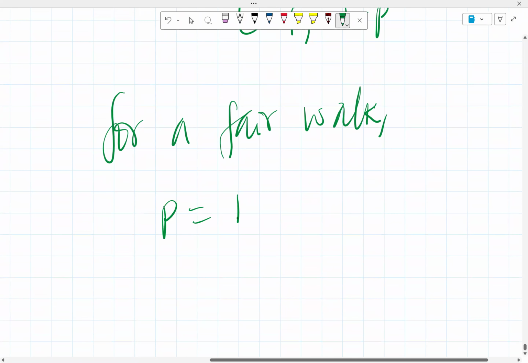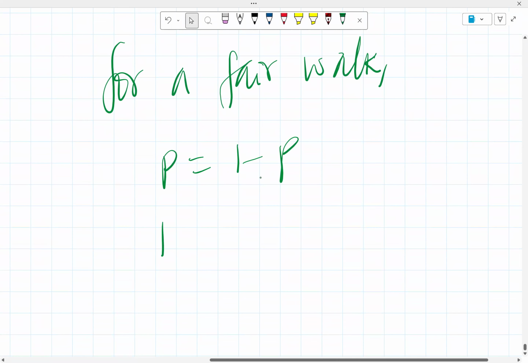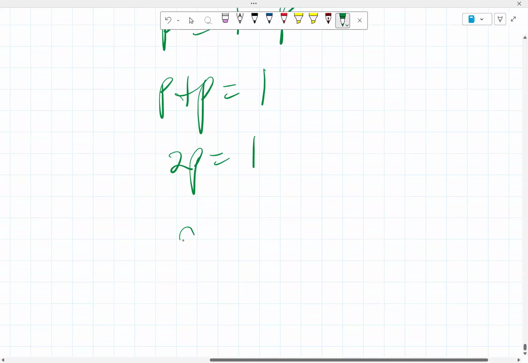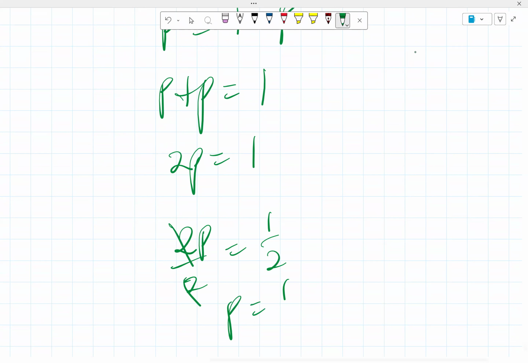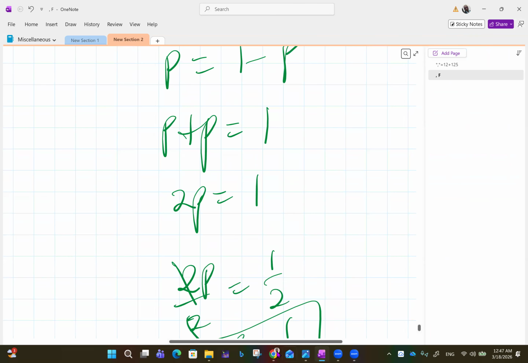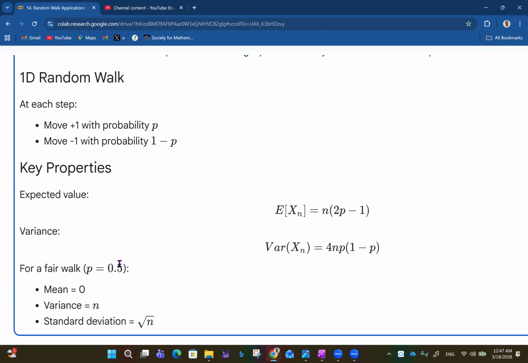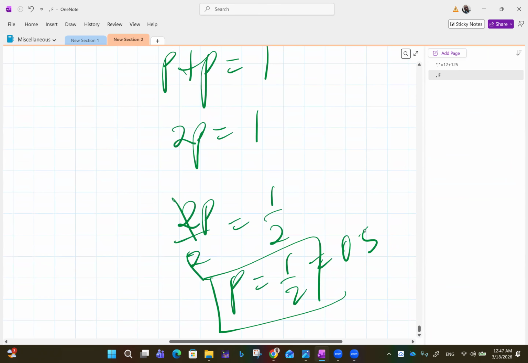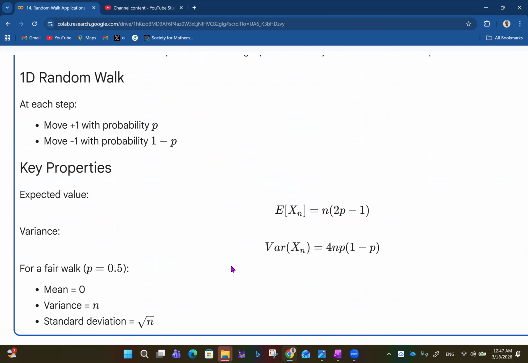So that means p is equal to 1 minus p, and in that case you can collect like terms: p plus p equals 1, that means 2p is equal to 1. If you divide through by 2, you have 2p over 2 equals 1 over 2, so the 2 cancels and you have p equals 1 over 2. So the probability that you can go both ways at any point in time is 1 over 2, which is 0.5.